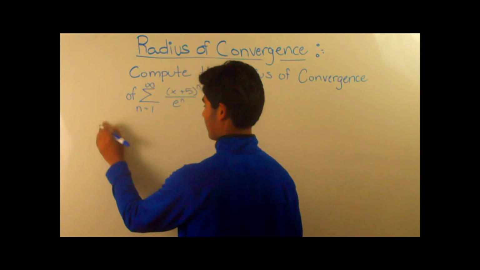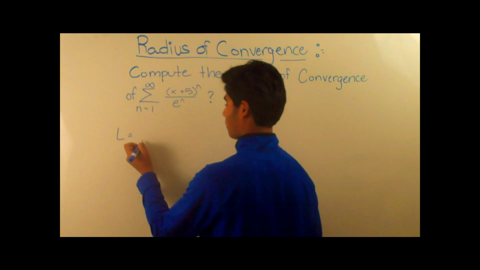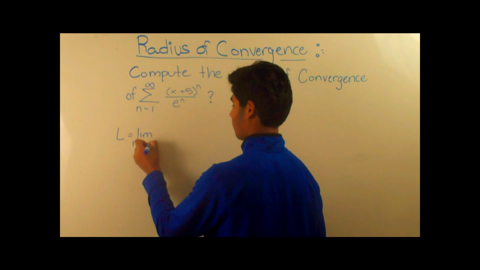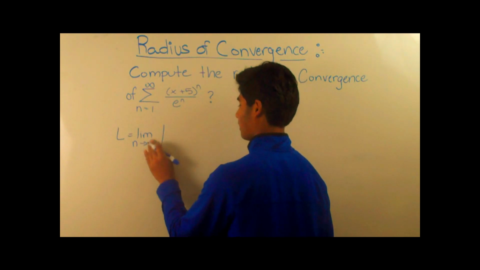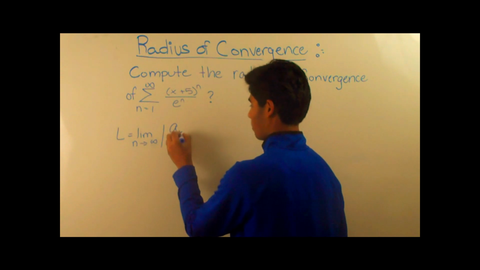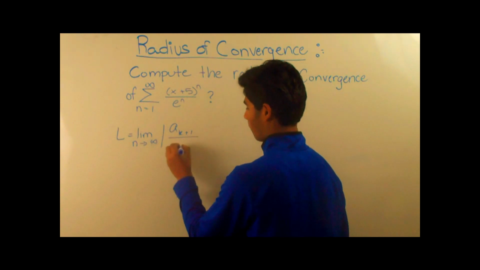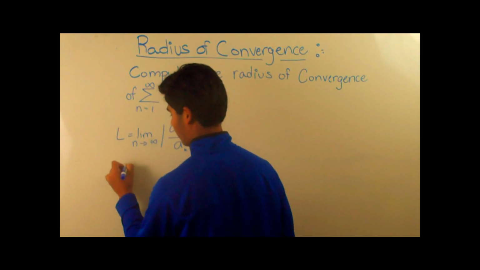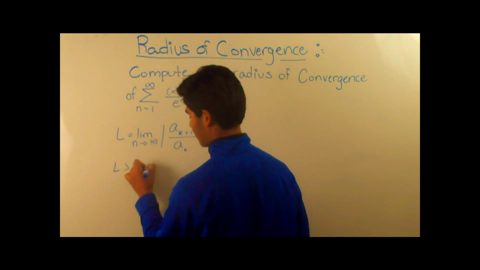So the ratio test is L equals the limit as n approaches infinity of a sub k plus 1 over a sub k. Now if L is greater than 1, then it's divergent.